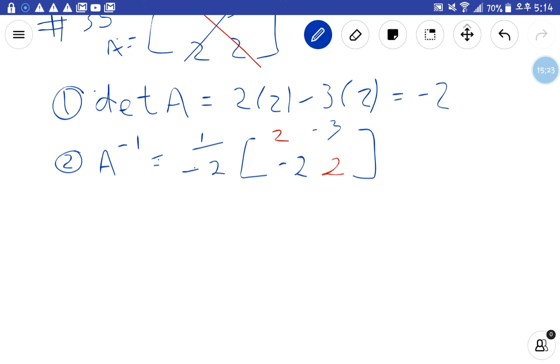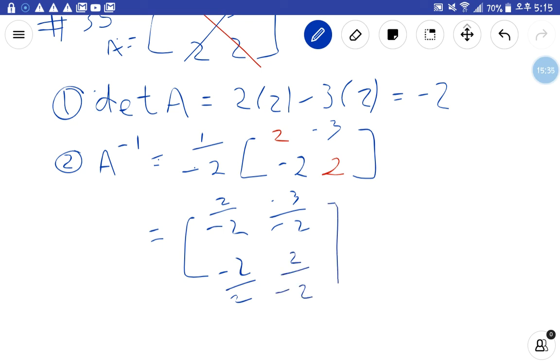So I have 2 over -2, -3 over -2, -2 over 2, 2 over -2. Simplify, that would be -1, and then 1.5, +1, and -1. Alright, that's my answer.